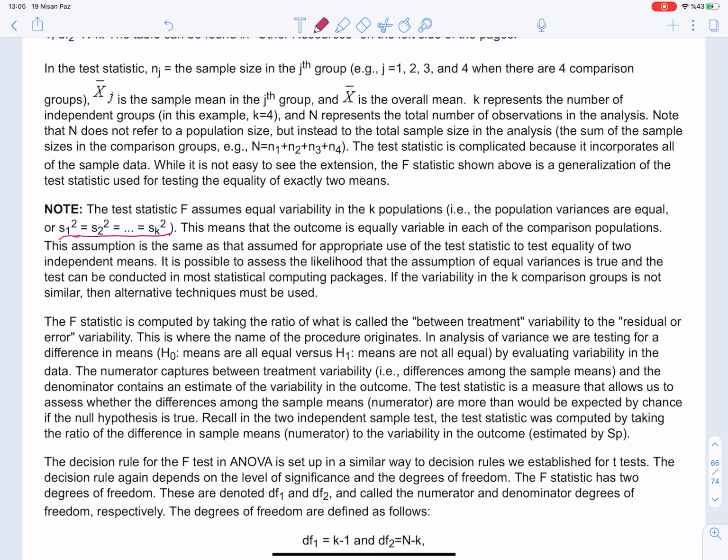ANOVA is a parametric statistic that requires the assumption of equal variances, and you also need to guarantee that the data set has a normal distribution. So those two assumptions are very essential for the ANOVA test statistic.